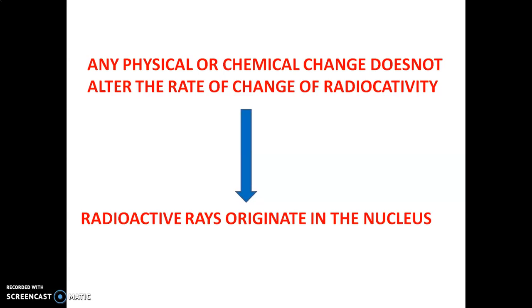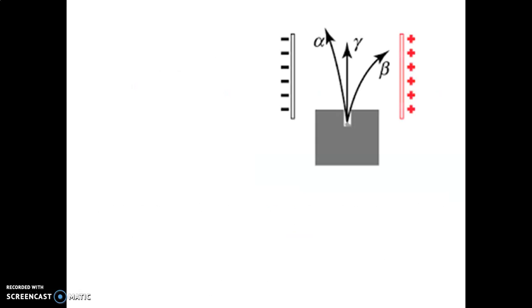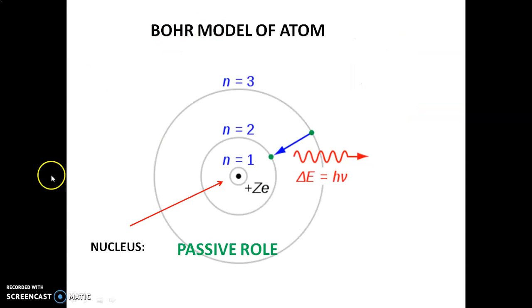originated inside the nucleus. Because if it would have happened in the outer electrons, then, look at this one. When I talk about the outer electrons, I mean this one. See, these things can be changed. When you supply energy from outside, then an electron in a certain orbit will absorb that energy.